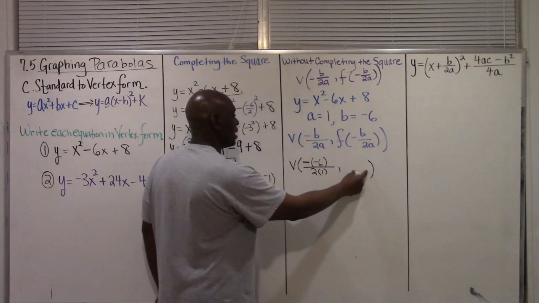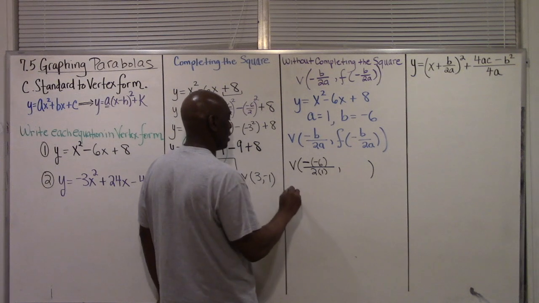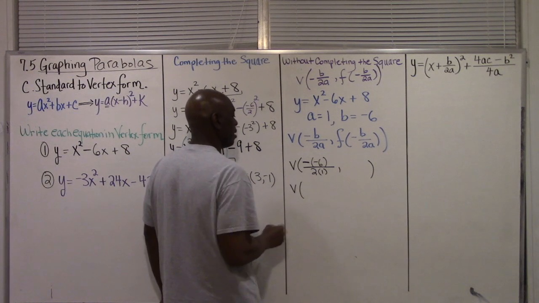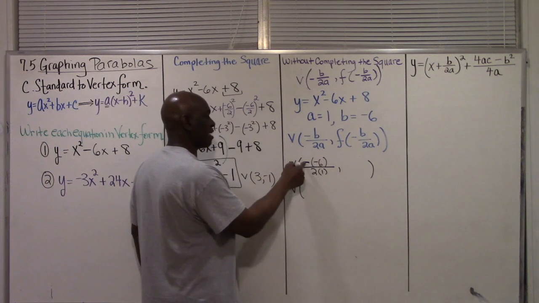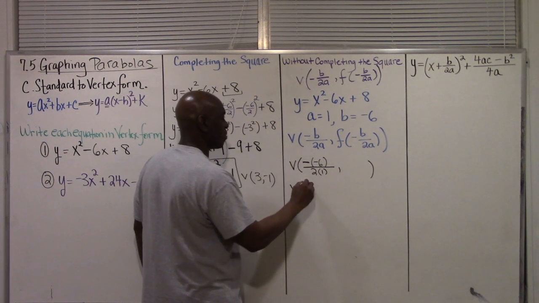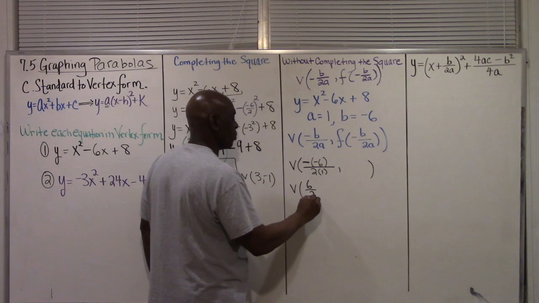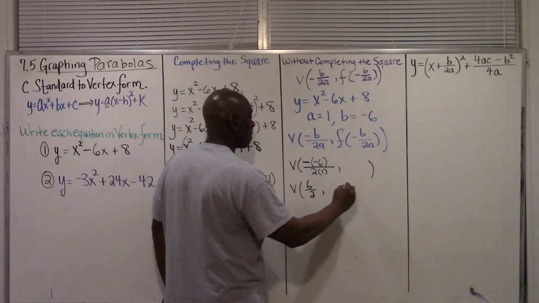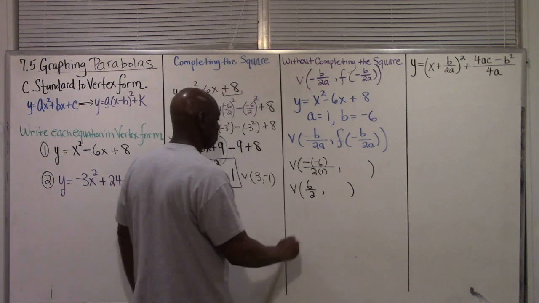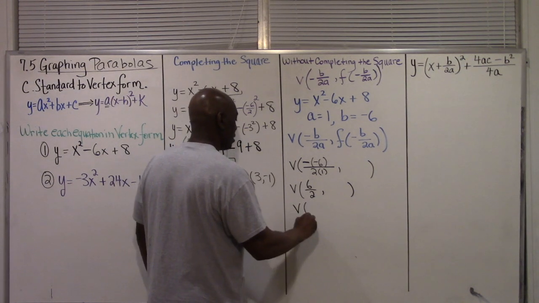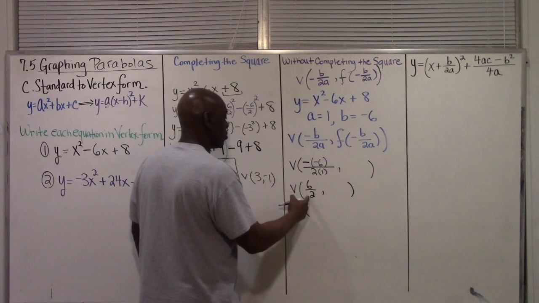Before we fill this in, let's go figure this out right here. So it's the negative of negative 6, which is positive because a negative times a negative is a positive. So it's going to be 6 divided by 2, comma. Keep going. 6 divided by 2 is 3.